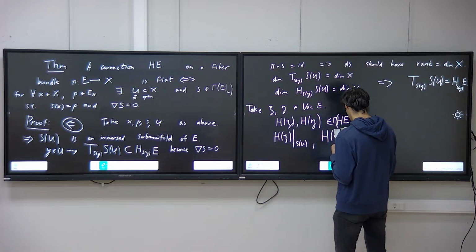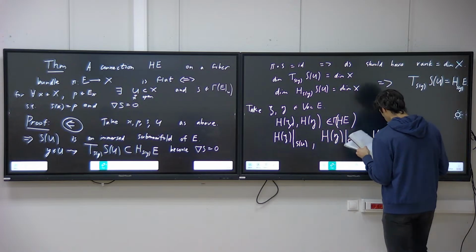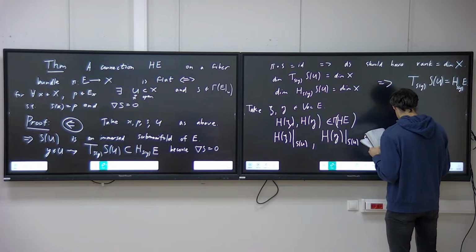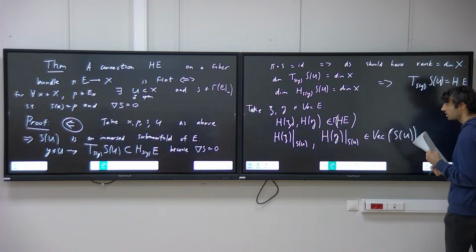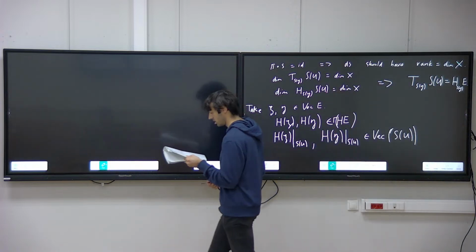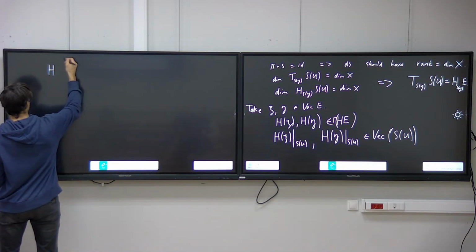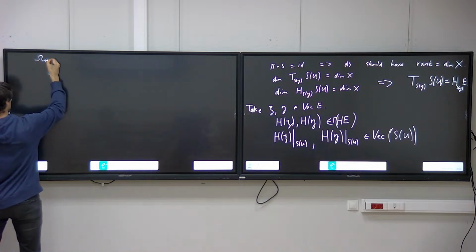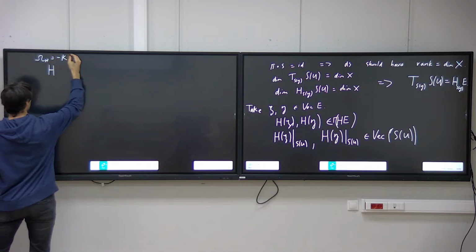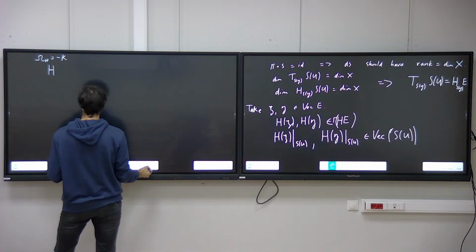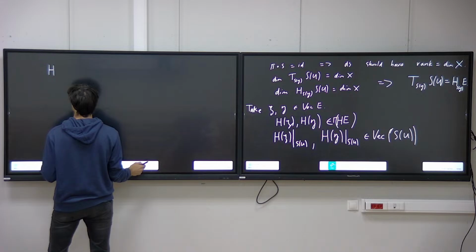So these are vector fields on S of U. Right. And so we actually can now compute. Remember my omega^H was negative K, so omega^H of psi, eta is this. What we're trying to prove is that this is 0.